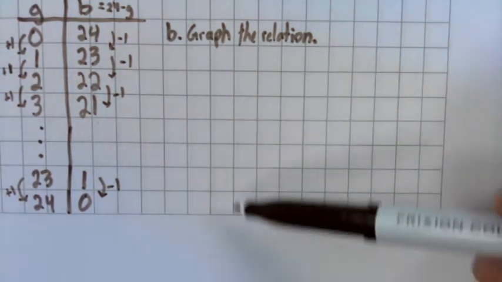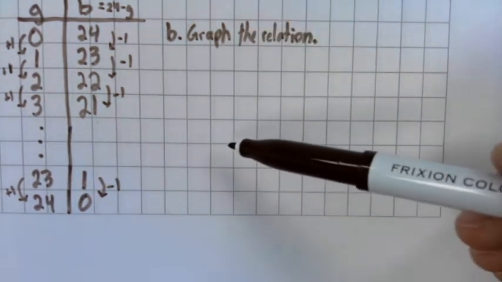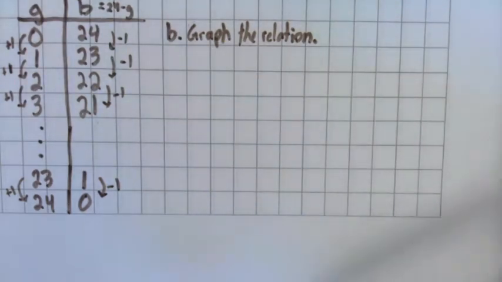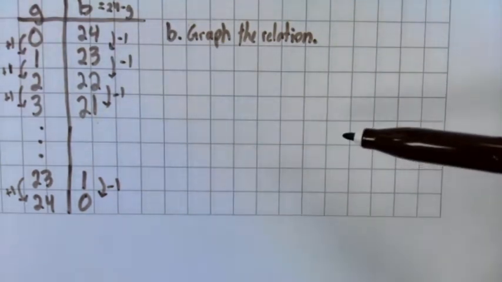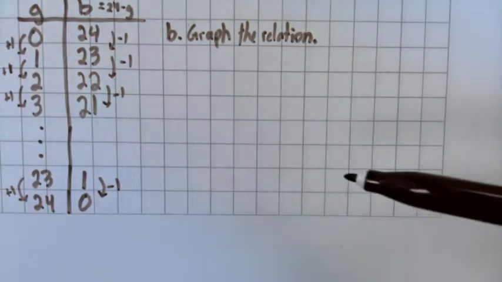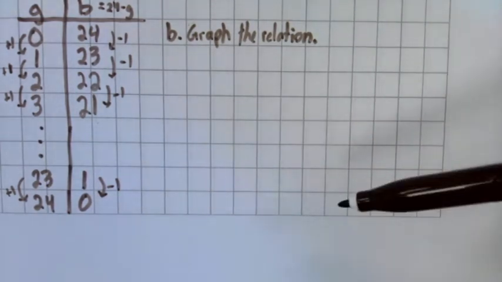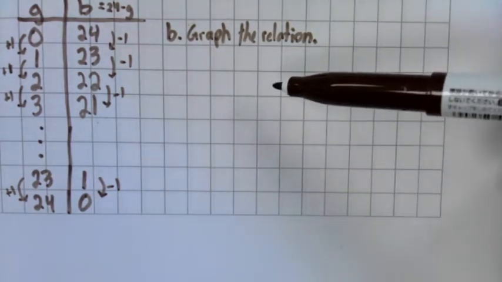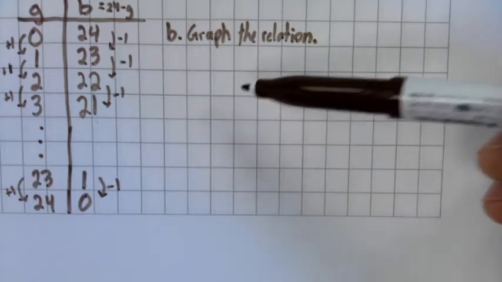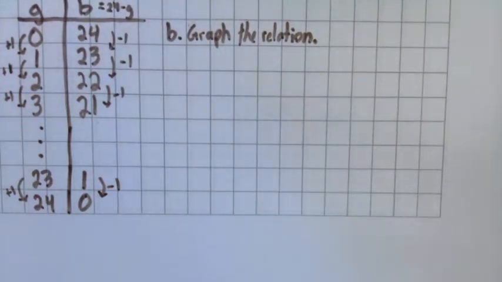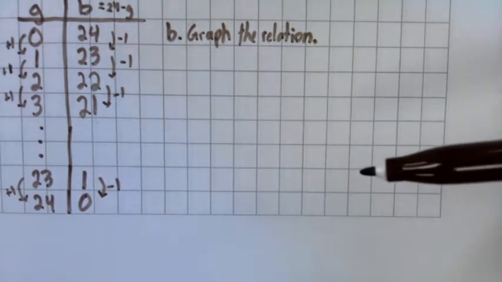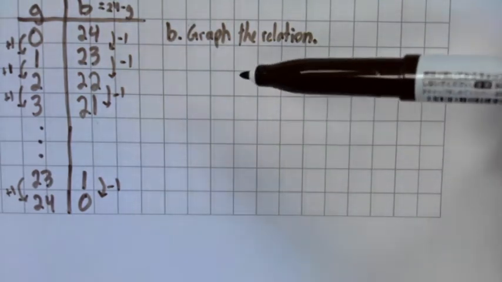I don't have 24 squares tall, so I can't have every square being 1. So maybe I need to make them 2 or 3 or 4. We'll need to figure that out. I don't like doing 3 because I can kind of split a square into thirds if I need to be between, but I like doing halves and quarters a little bit more. I think that it's a little clearer for me.